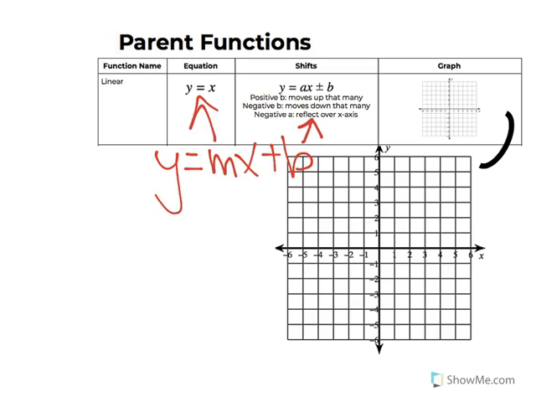So that's kind of what we're talking about over here. So the general graph for a linear function is going to be a line going uphill that looks like that.